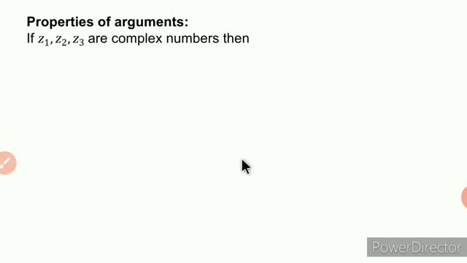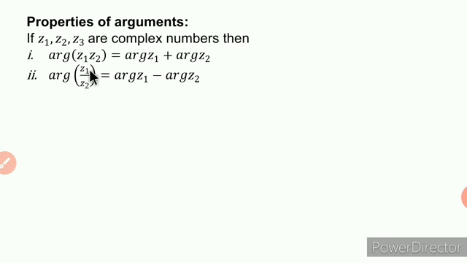Now see properties of arguments. If z1, z2, z3 are complex numbers, then first property, argument of z1 into z2 is equal to argument of z1 plus argument of z2. Second, argument of z1 upon z2 is equal to argument of z1 minus argument of z2.